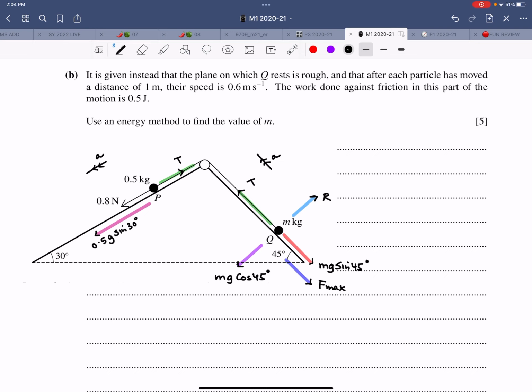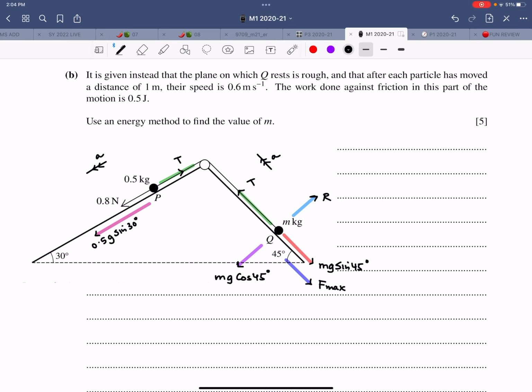So there are different options of working for this particular part. What I'll do is, first of all, let me do the calculation for the tension because everything is there, and in this scenario, they both have moved a distance of 1 meter.